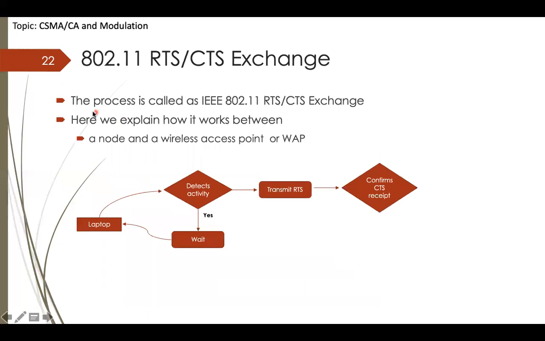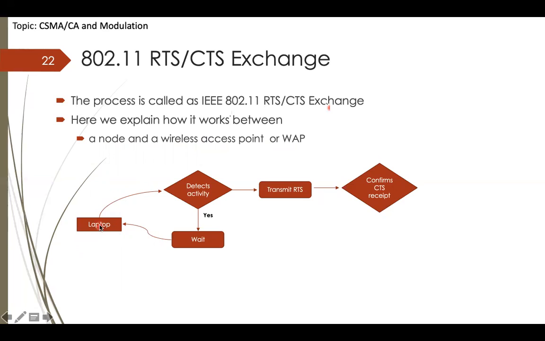Here you can see, I'll explain that with the help of the 802.11 RTS/CTS exchange, meaning a request to send or clear to send exchange before the node actually sends the data over the communication channel. The process is called the 802.11 RTS/CTS exchange. Here we explain how it works between a node and a wireless access point, or WAP.